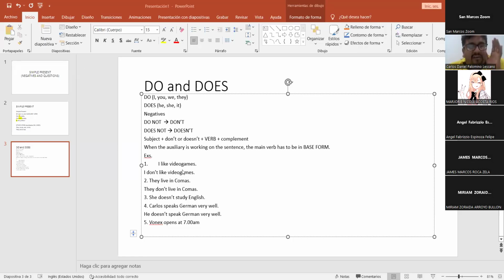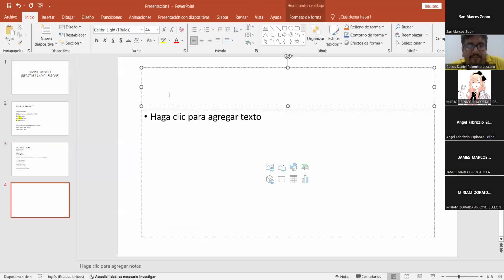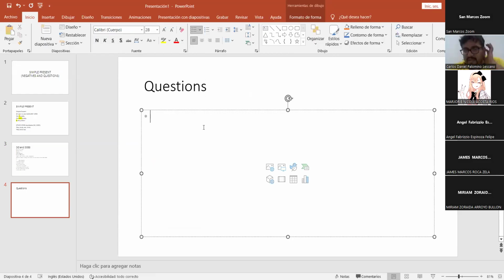These were the rules for the simple present in negative form. So now we have to finish the grammar part using the question form. Vamos a hablar de preguntas. Questions. To make a question, we have to change the position of something in the sentence. In this specific case, we have to use the auxiliary do and does.